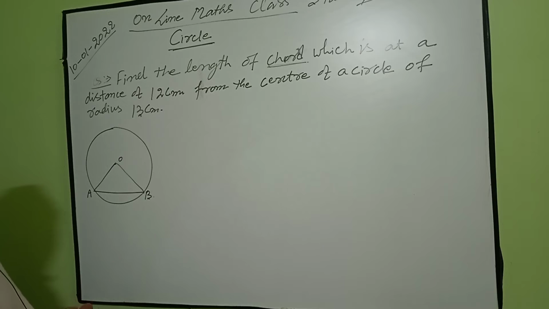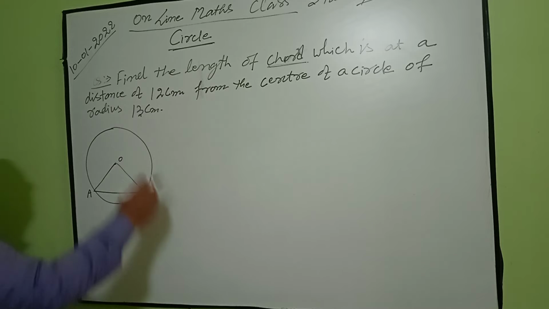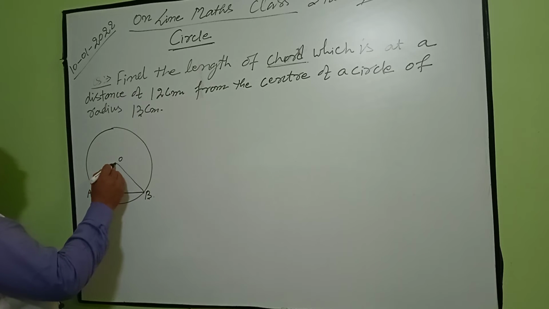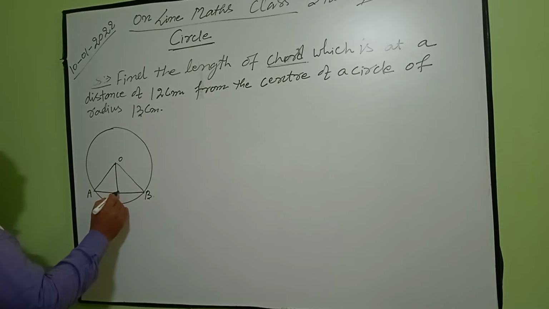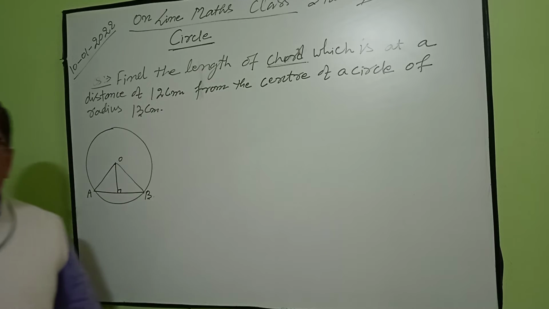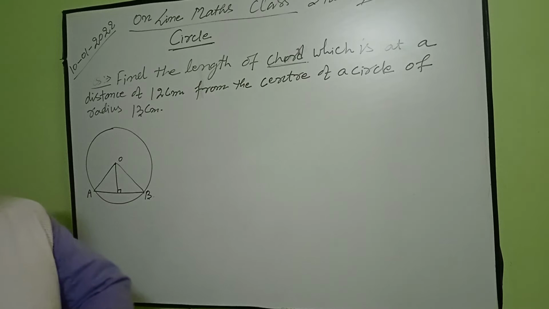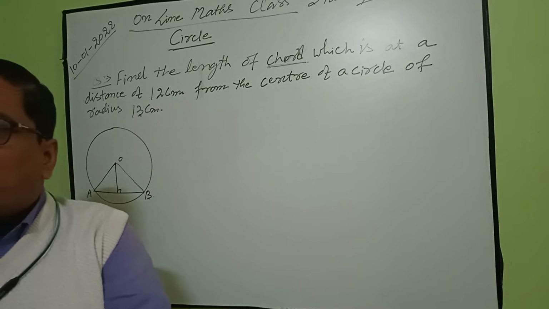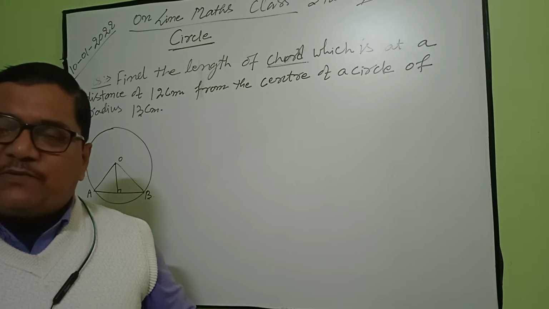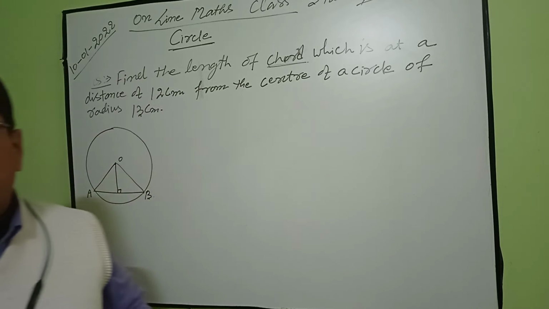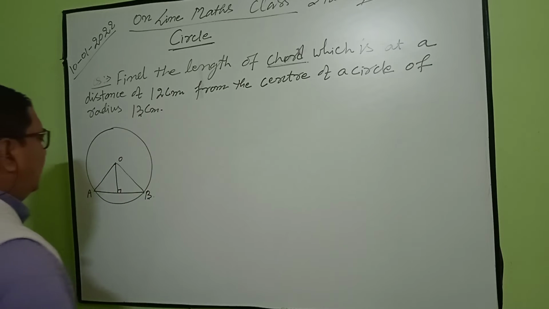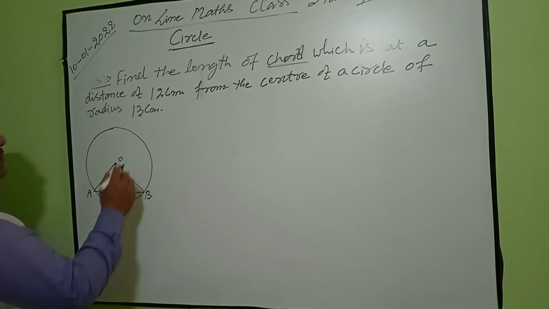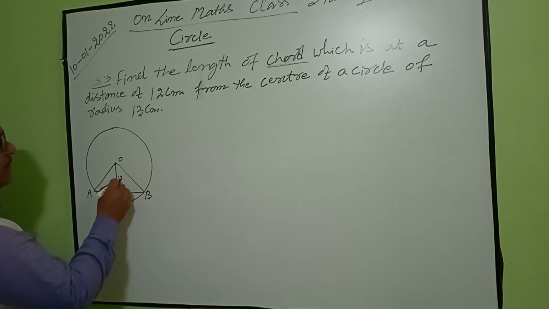Right? Now, the chord is at a distance, this one is 12. It will be automatically perpendicular, dear students. A line drawn from the center to the chord will be automatically perpendicular. Okay? So the distance from the center to the chord is 12 cm.